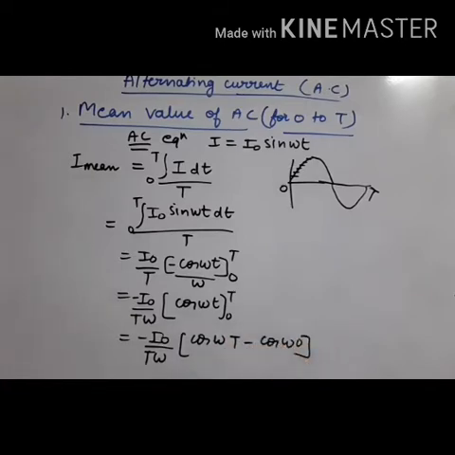I think this is clear. In place of t, upper limit capital T, minus cos of lower limit 0.